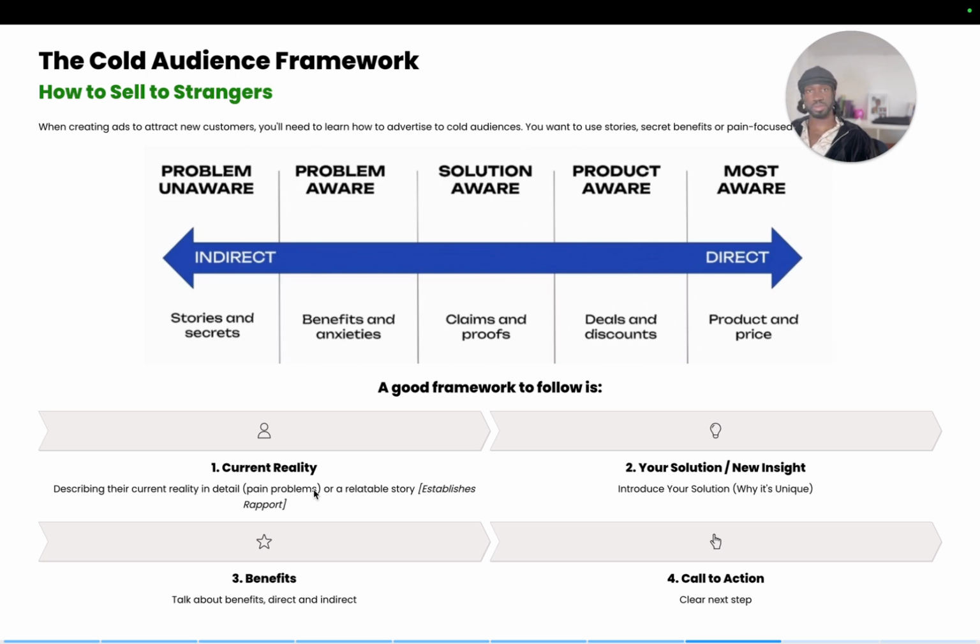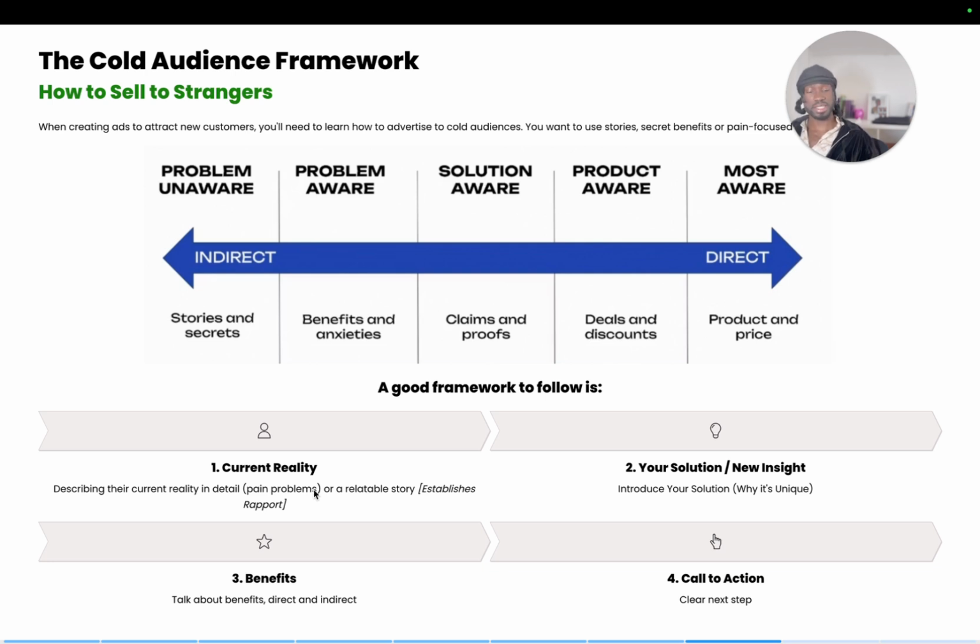So you describe their current pains and problems, or share a relatable story that establishes rapport, right? For example, going back to the example that I used, let's say you're a small business owner and you haven't got ads to convert for you. I can call out the problems that you've been facing, right? You've been spending so much money on ads, expensive, but not seeing the return that you want, right? You probably worked with multiple agencies that promised you the world but didn't really get any results, and it wasn't profitable, and you ended up having to pay for your advertising and cover the marketing fee, where they're not even making you profitable, right?